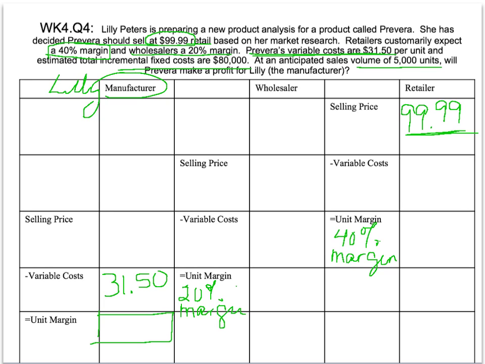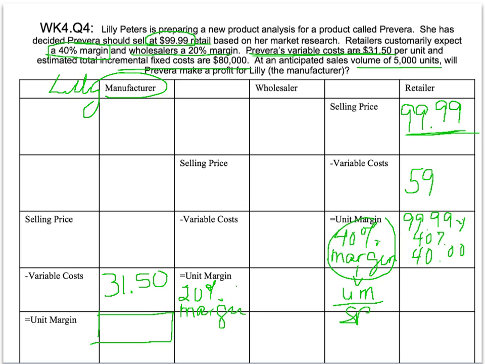If the retailer has a selling price of $99.99 and a 40% margin, then this box here is $99.99 times 40%, because your margin is unit margin divided by selling price. So in this case, our unit margin then becomes $40. Working our way back up, our variable costs must be $59.99.